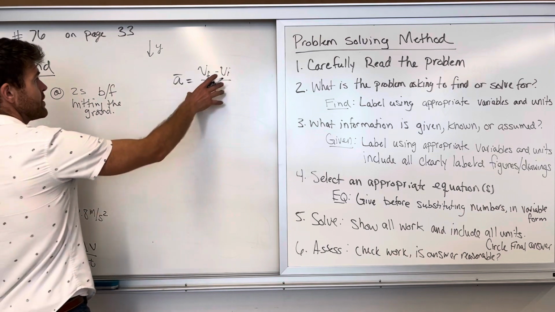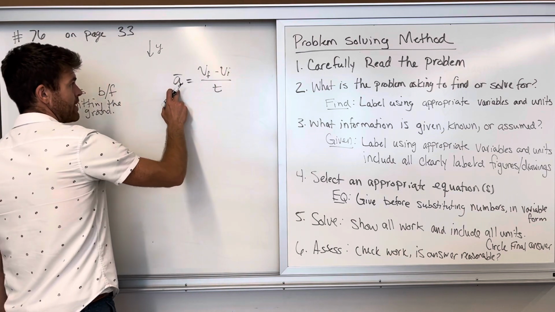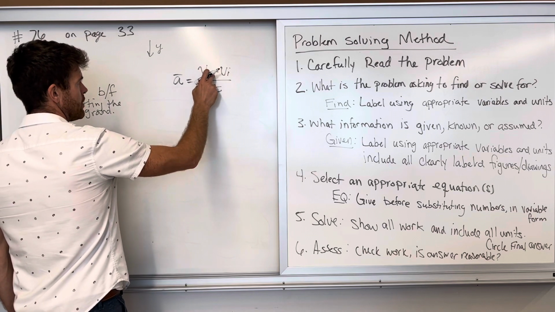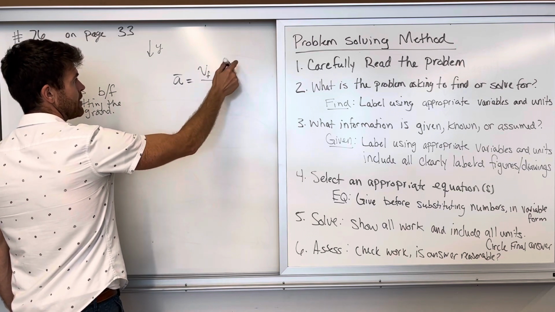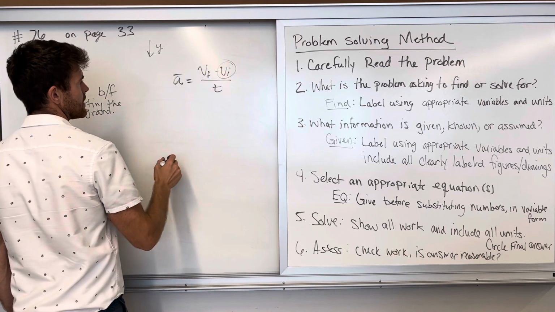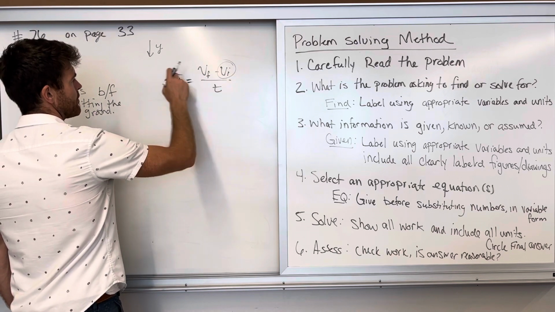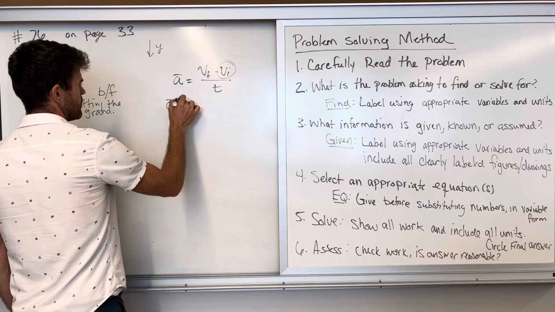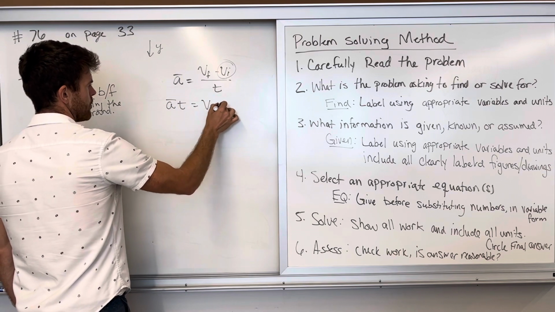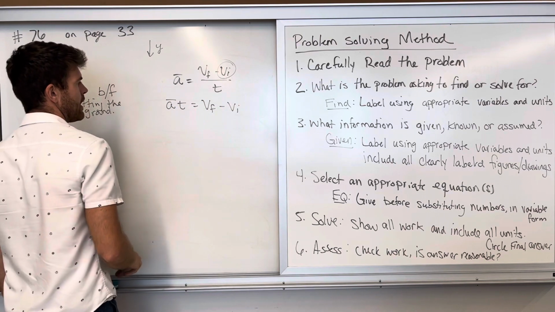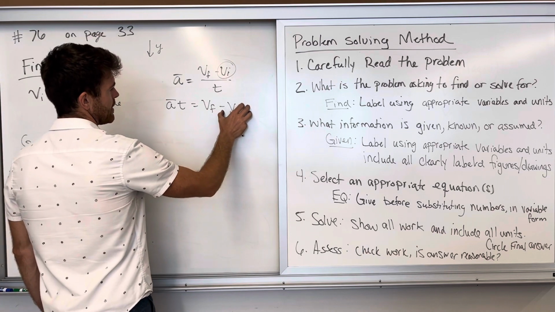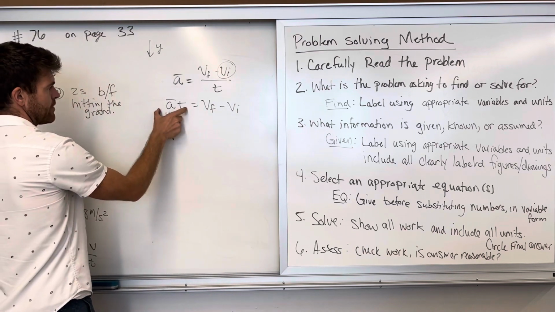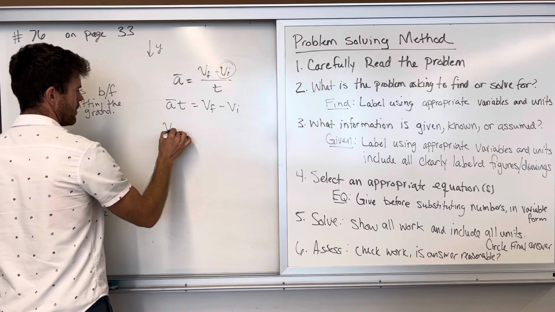Not acceleration, not final velocity, not time, but initial velocity. So to solve this, we multiply both sides by t. And to solve for vi, the initial, we can add this term over here and subtract that term over there.